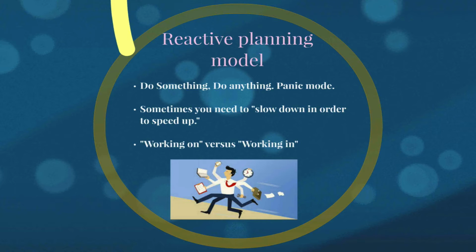So one of the takeaways from planning is that sometimes you actually need to slow down in order to speed up. This is also differentiated between the concept of working on versus working in the business. In operations, we do a lot of working in the business. This is 24/7 making donation happen, whereas working on the business is things that really make things go more smoothly when we're working in the business.